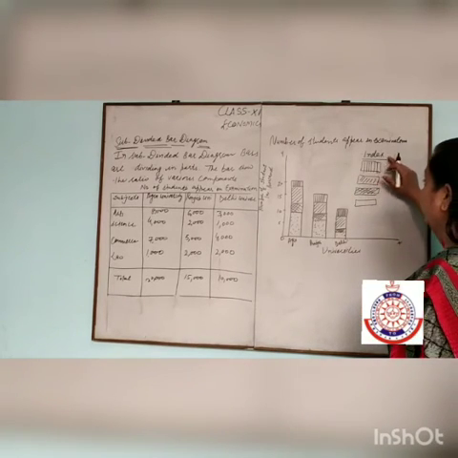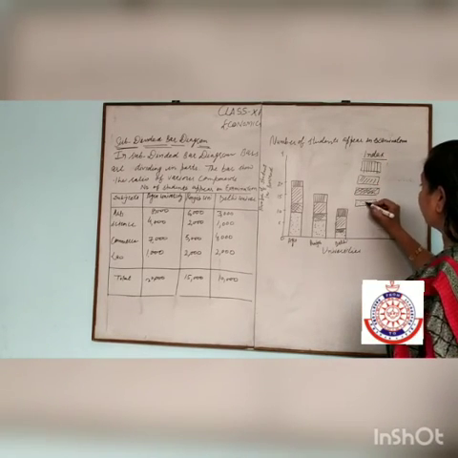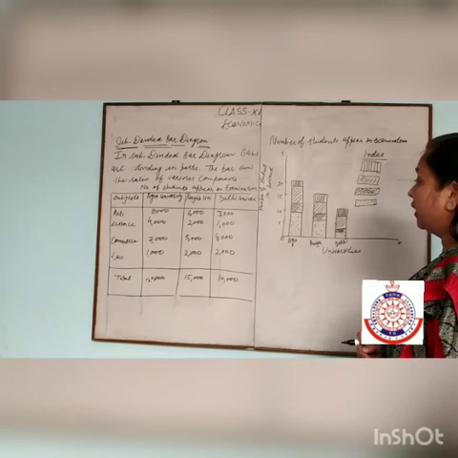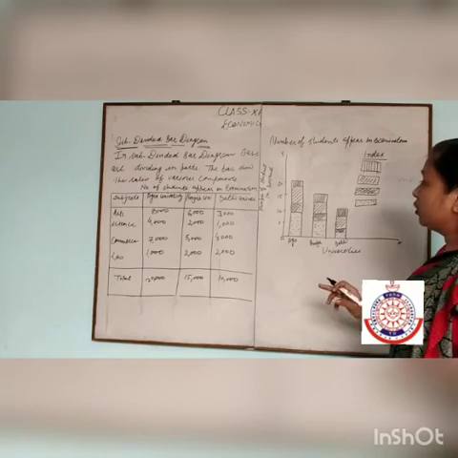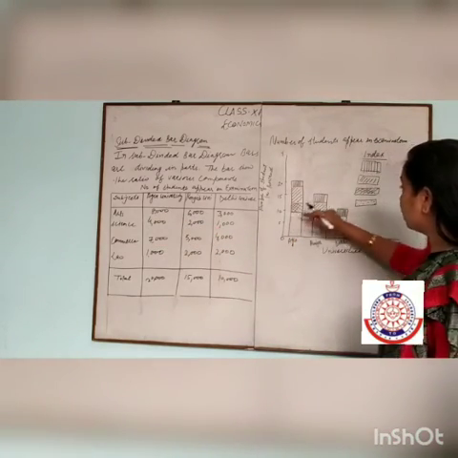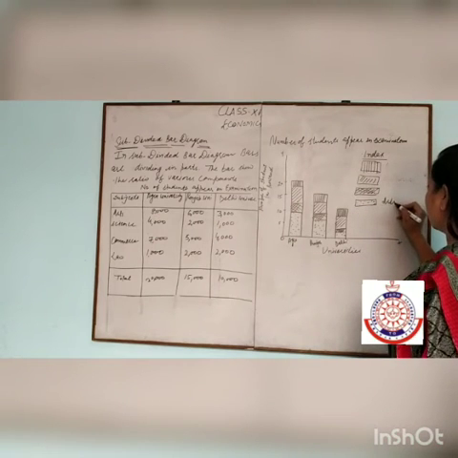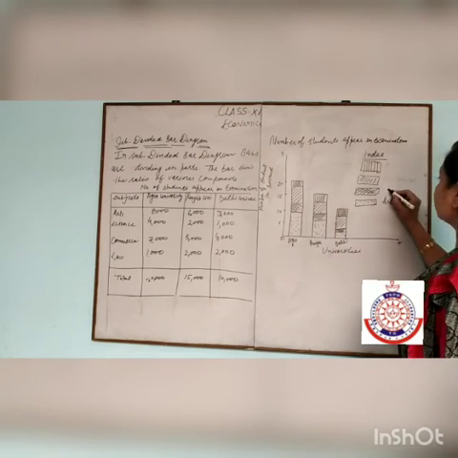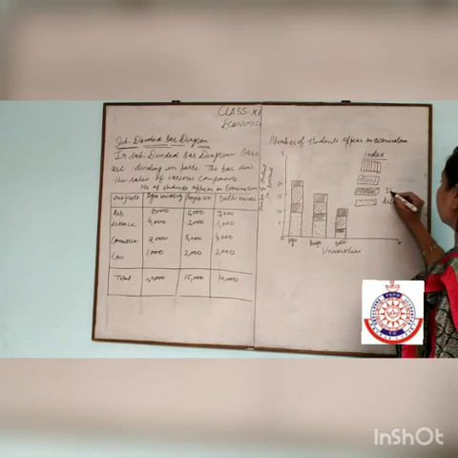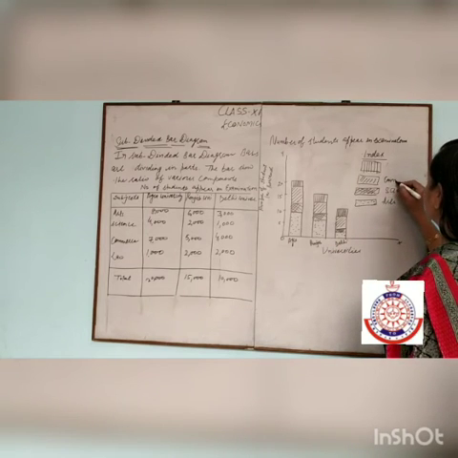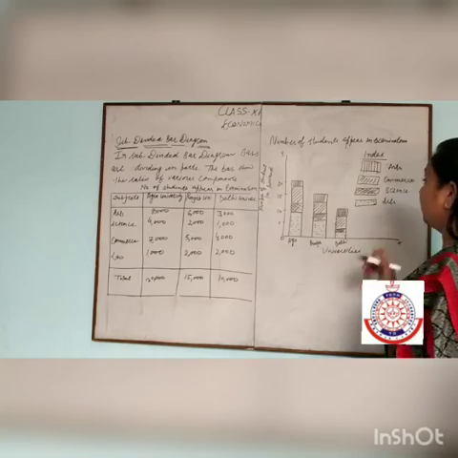We will make the index, whatever we have to show on the diagram. These 4 types we have to divide the diagram into. So first of all, we are taking arts 8,000. 8,000 we are showing this. This part shows the arts. After that, we will show the science 4,000. This shows the science. Then commerce and arts. This is our index.